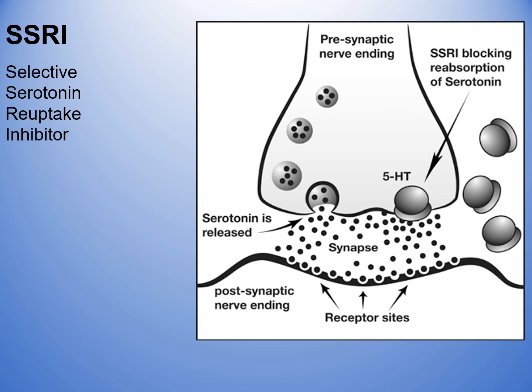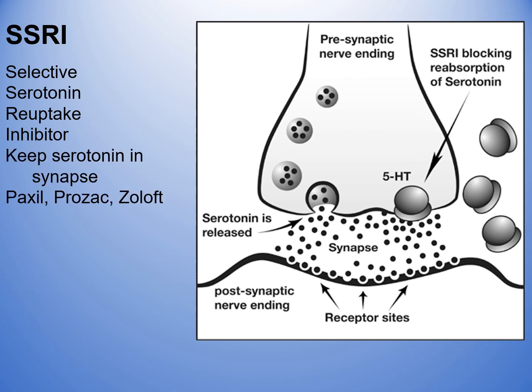So these drugs prevent serotonin from getting sucked back into the neuron, and it keeps serotonin in the synapse. And by keeping it in the synapse, the postsynaptic neuron can continue to have action potentials. So these kinds of drugs are really commonly known.